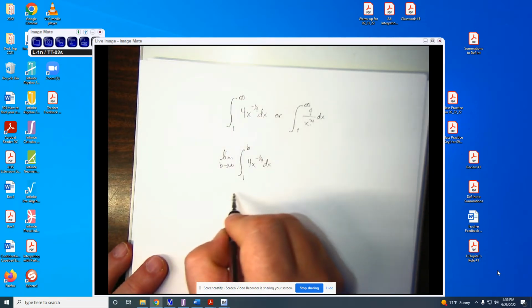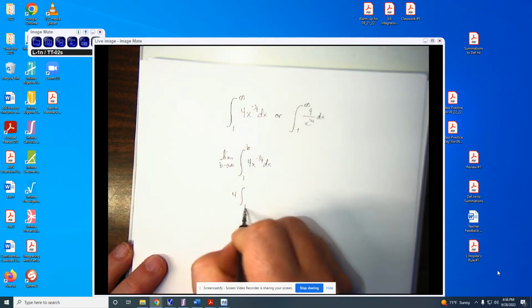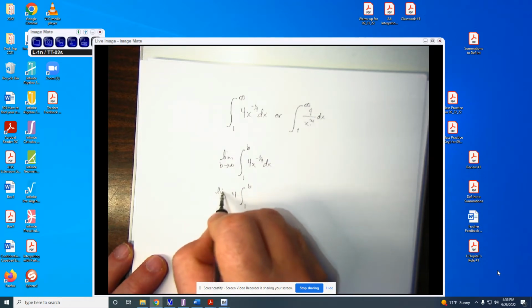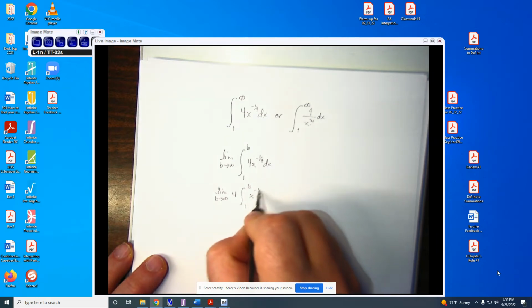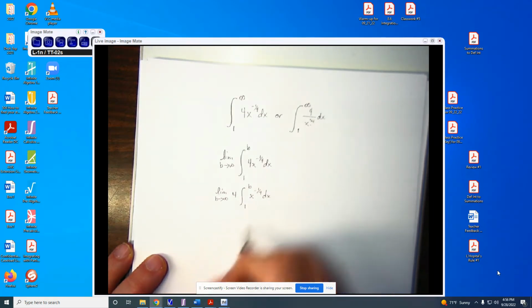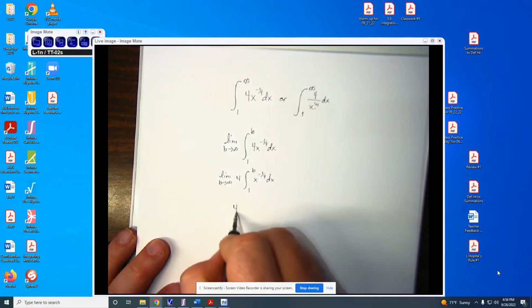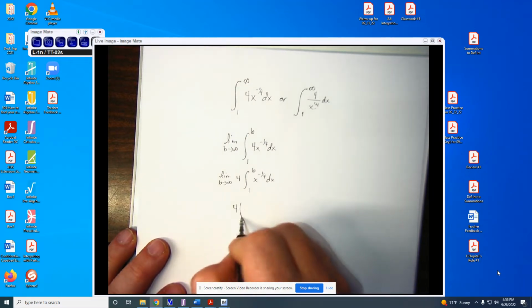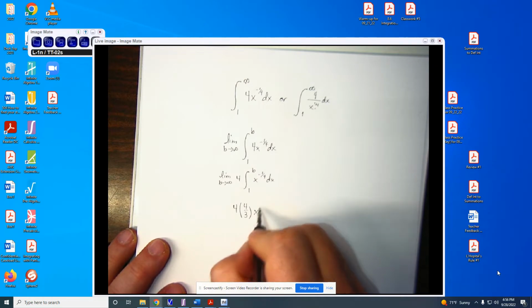We can now move the 4 in front, 1 to b, limit as b approaches infinity, and I can integrate this normally. As I integrate, I'm looking at 4. I'm then multiplying by 4/3, the reciprocal of the new power, and when I added the 1, I ended up with 3/4.